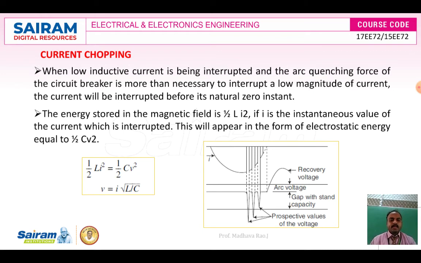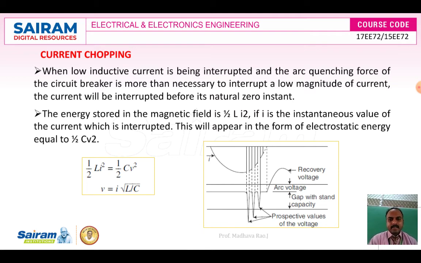Due to low inductive current in the circuit breaker, current chopping generally occurs. When a low inductive current is being interrupted, the arc quenching force of the circuit breaker is more than necessary to interrupt a low magnitude of current. Due to inductance, inductive current will be present, and due to the inductive current, current chopping will be present.